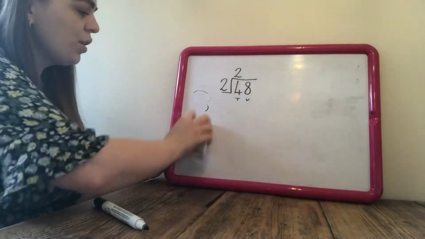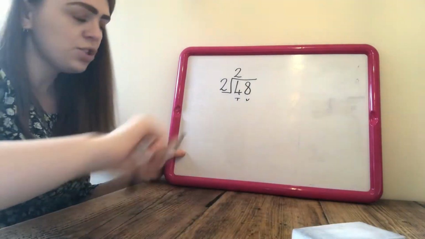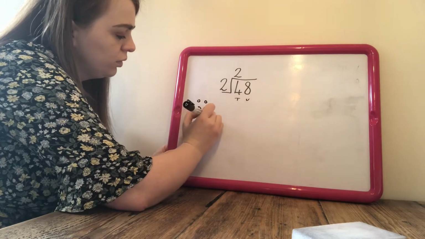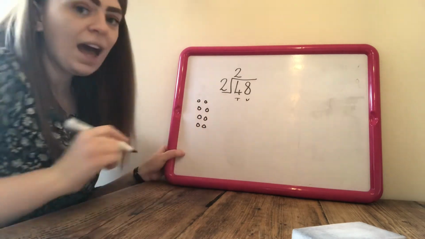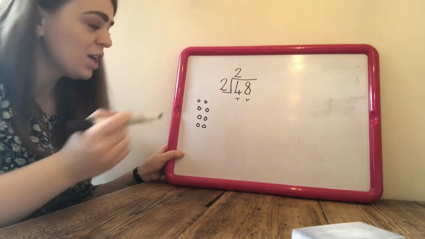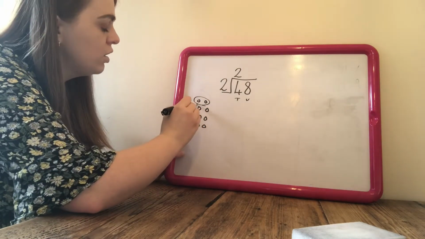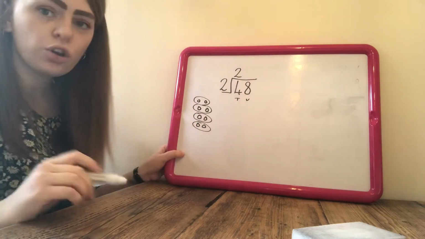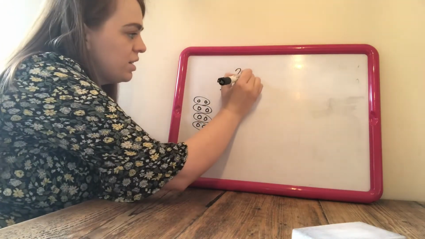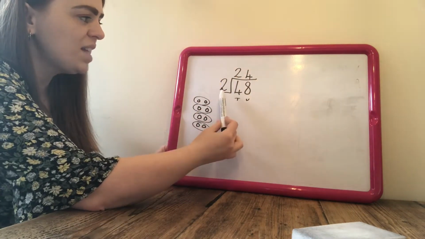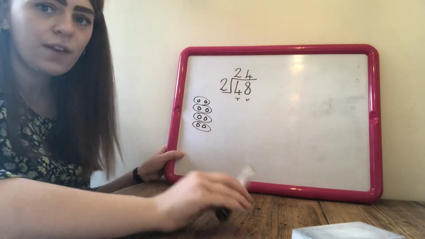So let's have a go at drawing 8 cookies this time, and circling the groups of 2 because we're dividing by 2. So I've got 1, 2, 3, 4 groups of 2. So my answer is going to be 4, which means that 48 divided by 2 is 24.